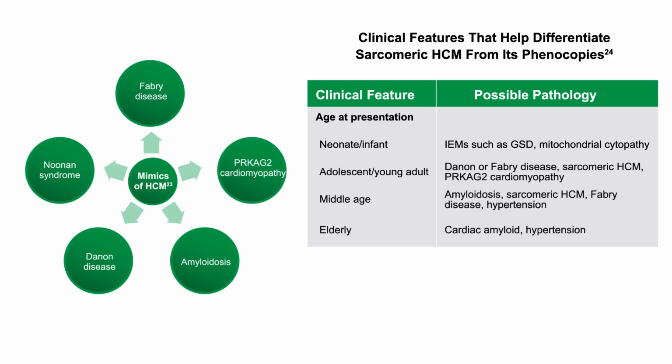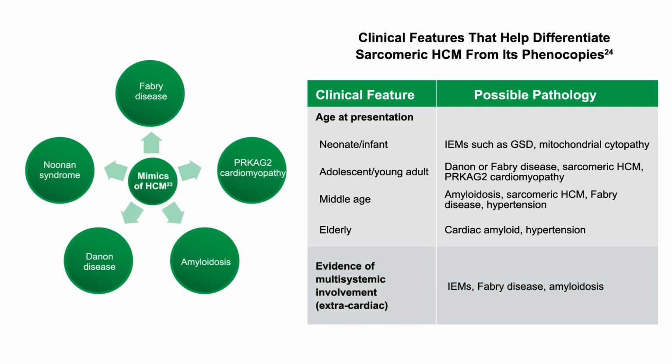In contrast, in patients who present in the later decades of life, diseases such as cardiac amyloidosis or perhaps Fabry disease are more likely. With regard to other symptoms, the coexistence of symptoms such as carpal tunnel syndrome in amyloidosis, sensorineural deafness in some metabolic diseases, particularly mitochondrial cytopathies, the presence of symptoms related to muscle weakness, all of these may act as pointers towards these rare phenocopies.